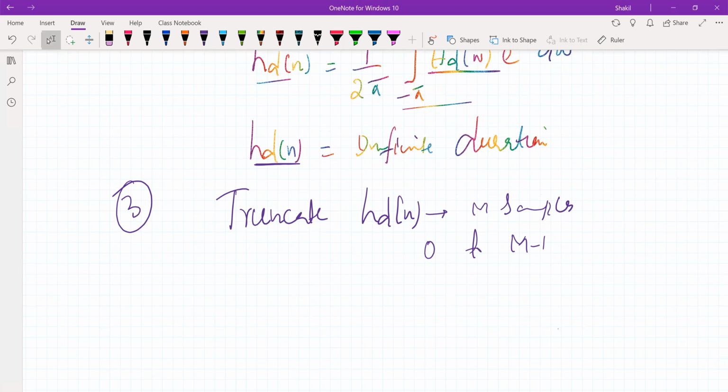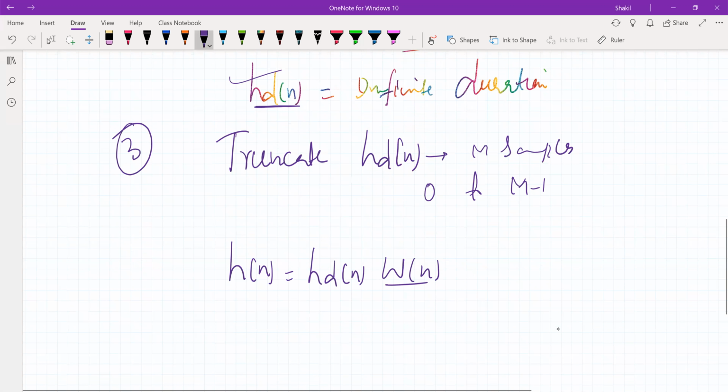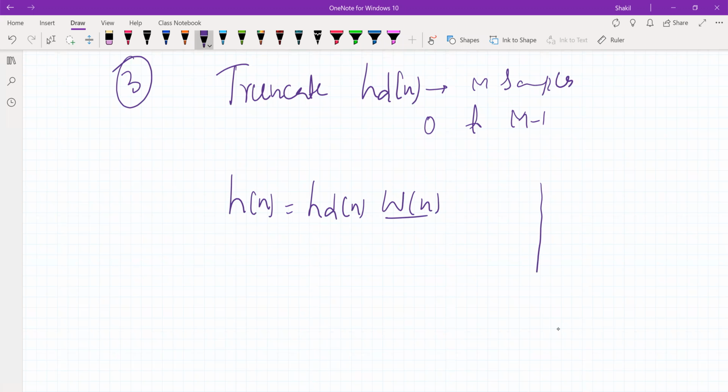Alright. Now, mathematically, how do we do that? If this is HD of n, then we say h of n, that is our final filter impulse response, will be this, and we multiply it with a window. Suppose that's a rectangular window, so we multiply it with it like this.